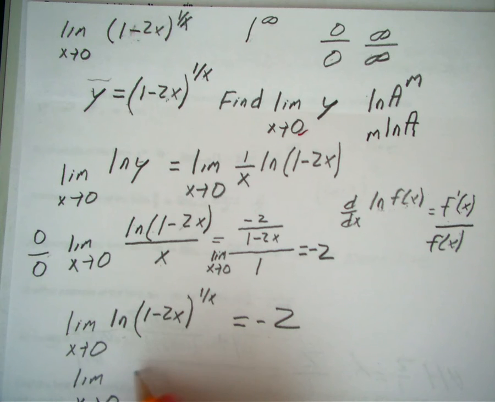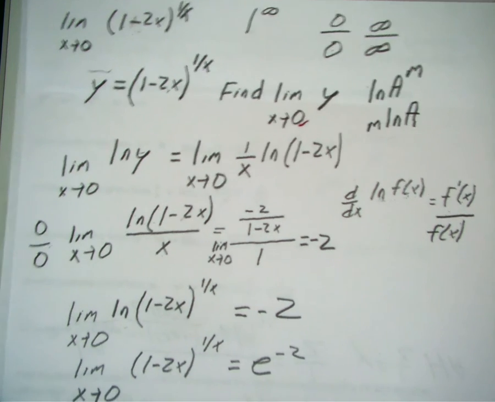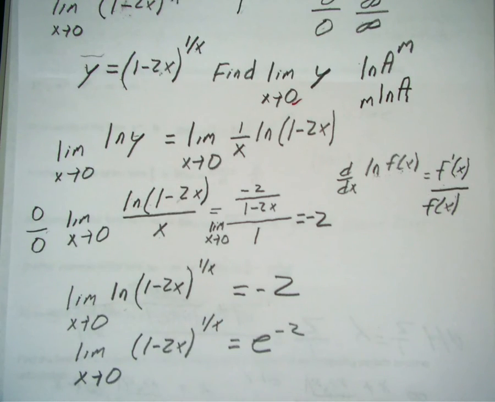So the limit of 1 minus 2x to the 1 over x is equal to e to the minus 2. Golly gee, that was a very long path to Rome, wasn't it? But we've done it.